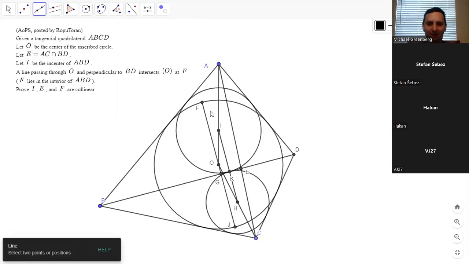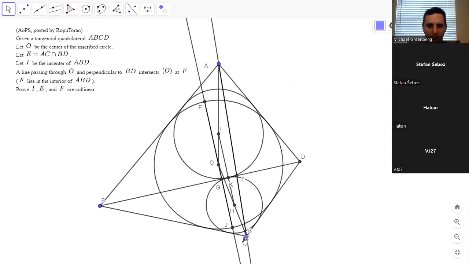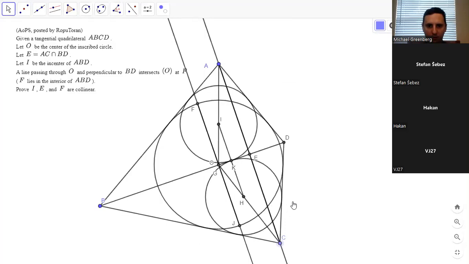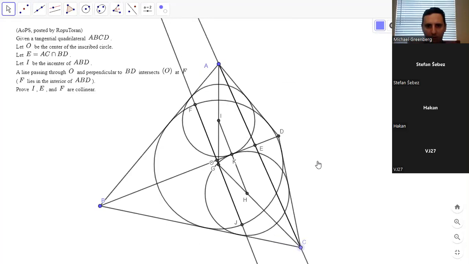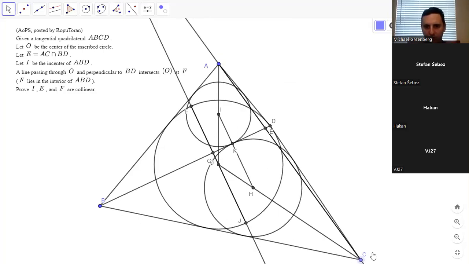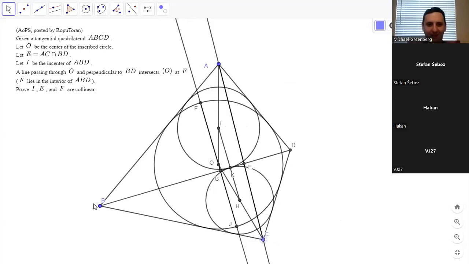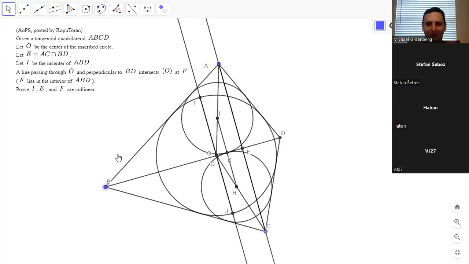Okay. It will be here. Let's see. Yeah, let me see if I can draw this a little differently. Yeah, what if I, let's see, I'm going to figure this out.